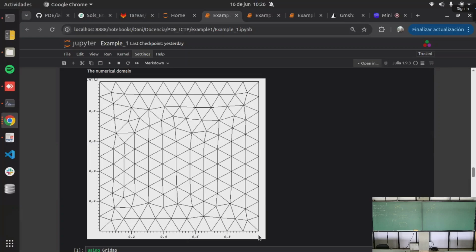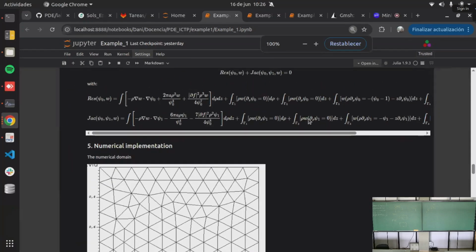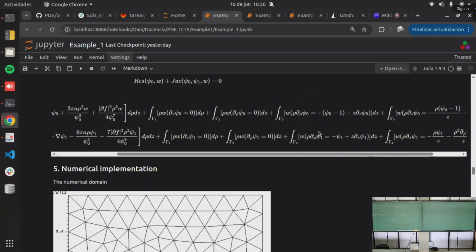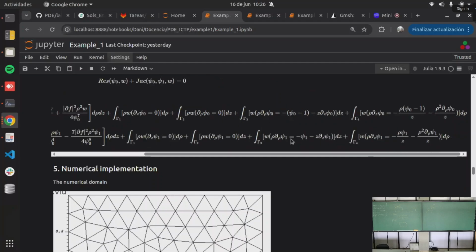The square is of size 1, so this is gamma 3 and gamma 4, the boundary conditions that we impose here: Neumann, and the Robin part for the infinity.